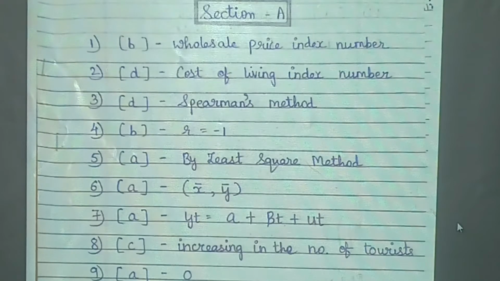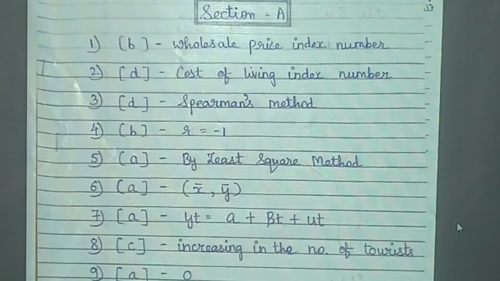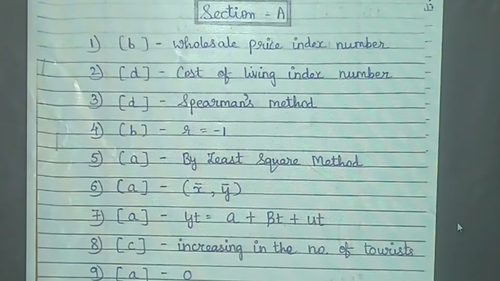For question number 1, whatever the alphabet is, A, B, C, D, you have to select the correct option with description. We give a maximum of 10 minutes to section A. Within 10 minutes you have to complete your section A.